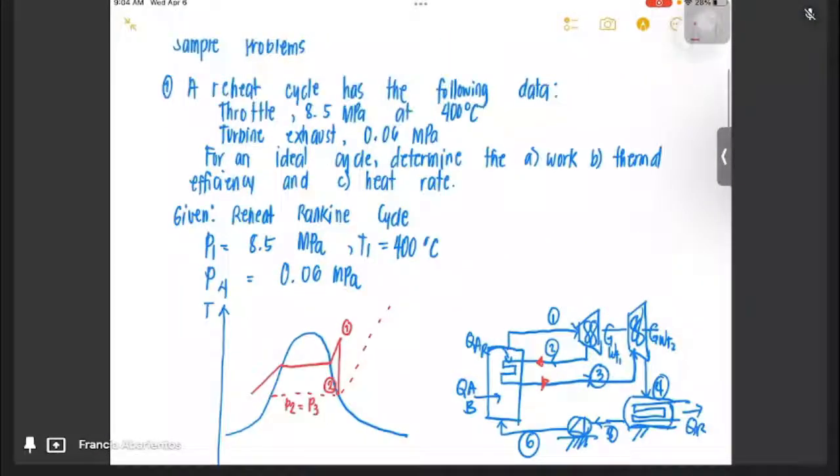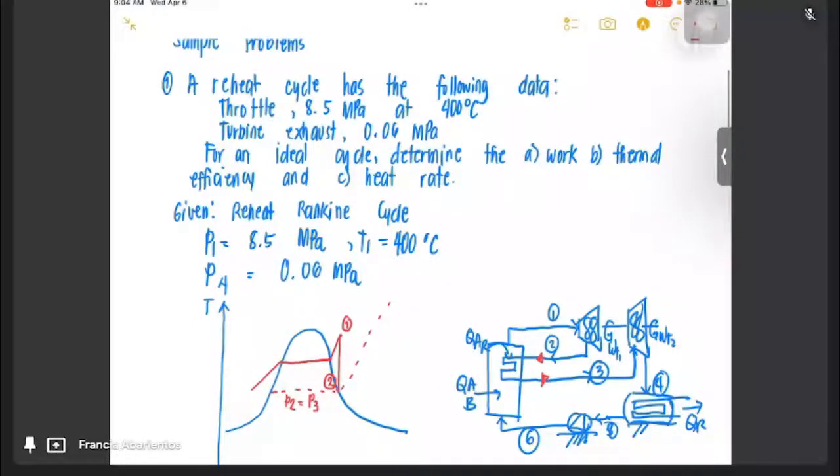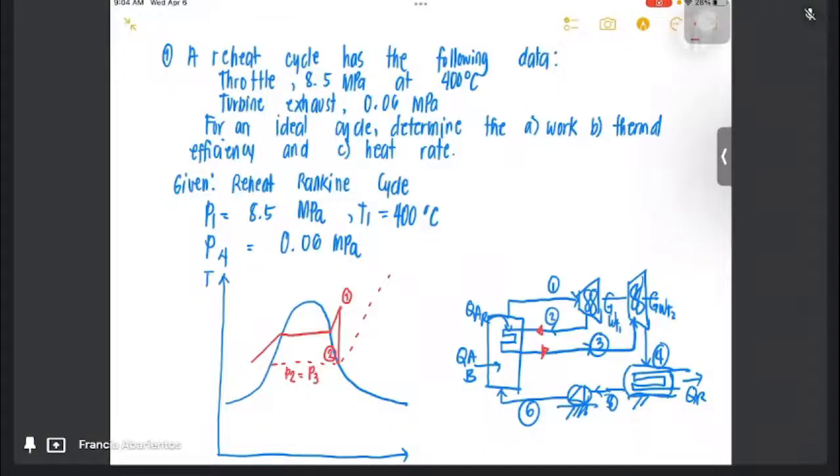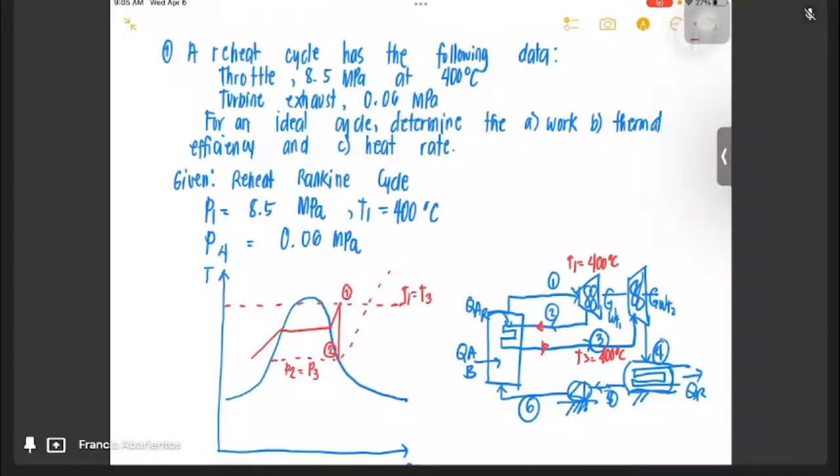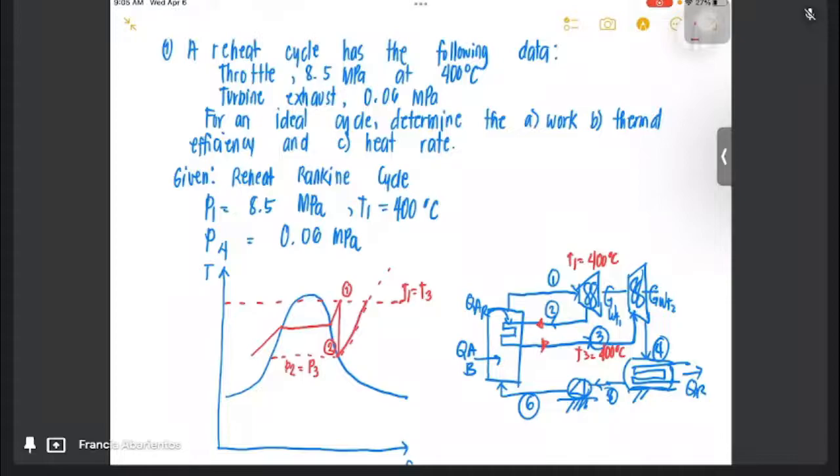And since hindi stated again sa problem, we always assume that the leaving or entering temperature at the turbine, so yung temperature 1 natin na 400, siya pa rin yung leaving temperature. So, pag hindi stated sa problem, that is always equal to that. Your temperature 1 is equal to temperature 3. Automatically, punta tayo dito sa point na to. So, we have now point 3.